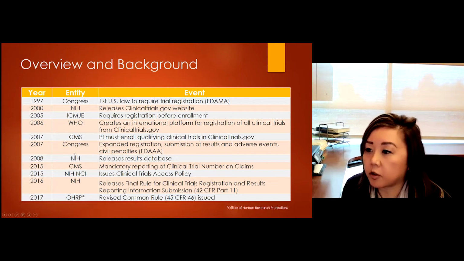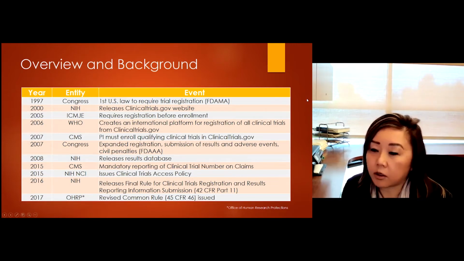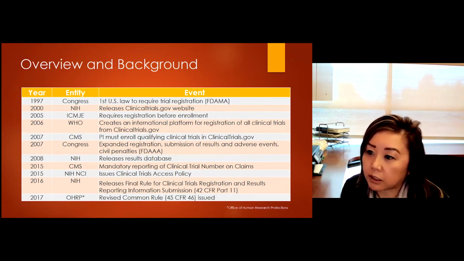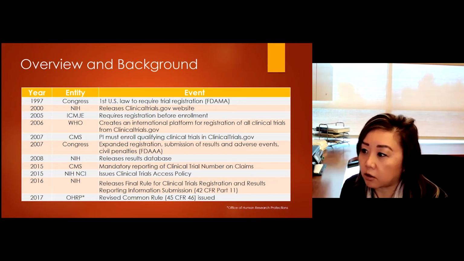So this is an overview and some history and background about how the results registration requirements came about. The first law that was in place by Congress in terms of requiring registration was back in 1997. NIH created their own registry, which is now the Clinicaltrials.gov website, in 2000.